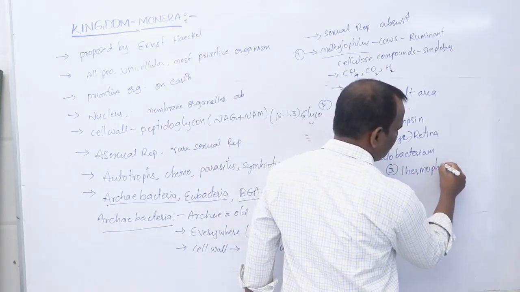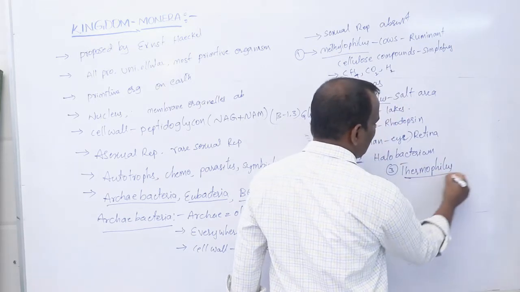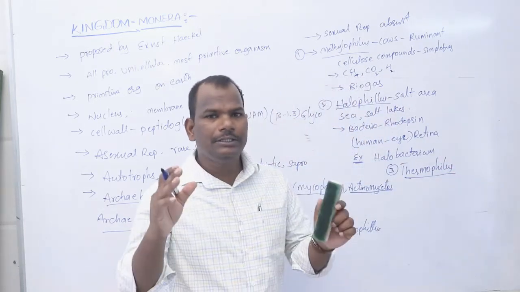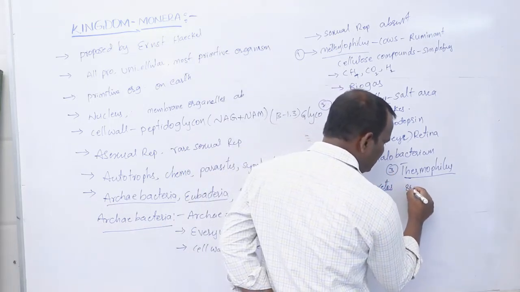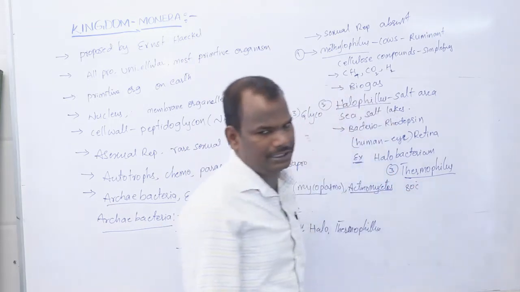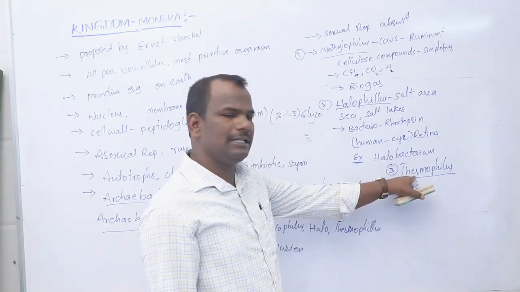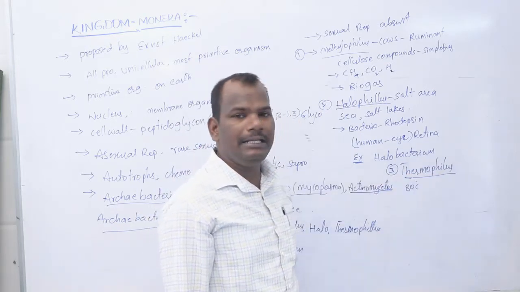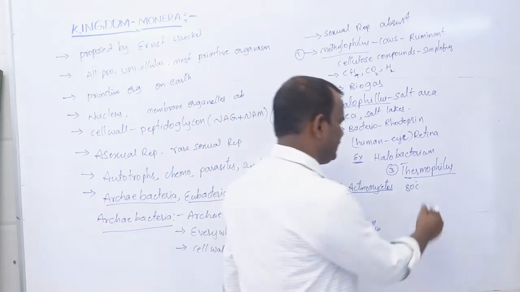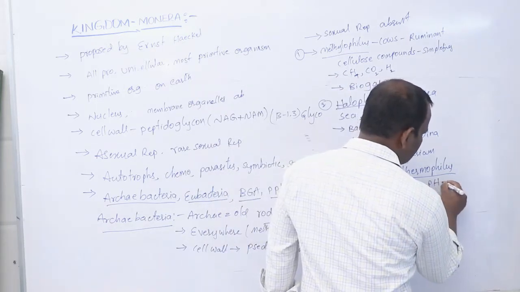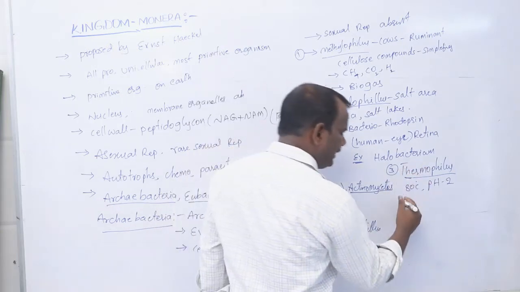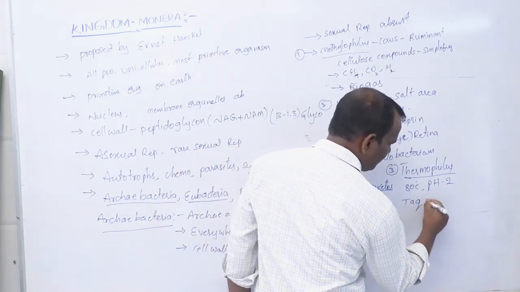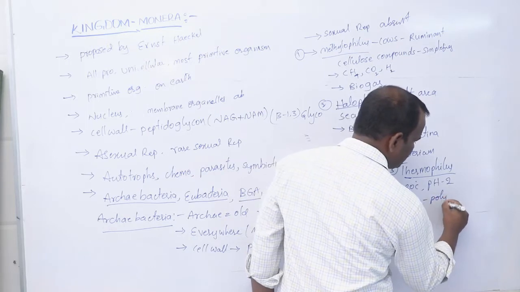The third type of archaebacteria is the thermophile bacteria. The thermophilic archaebacteria can live at 80 degrees Celsius temperature and pH 2. This bacteria releases polymerase enzyme.